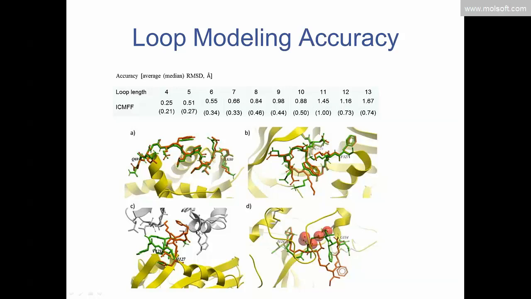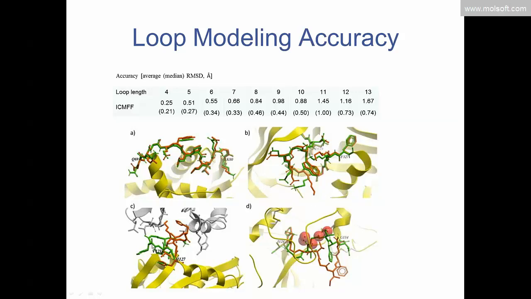This figure is taken from Max Totrov and Ruben Abagyan's paper on the ICM force field. One of the applications was loop modeling, and there's a 7 residue loop here. Green is the crystal structure, orange is the predicted, and so it's very good.